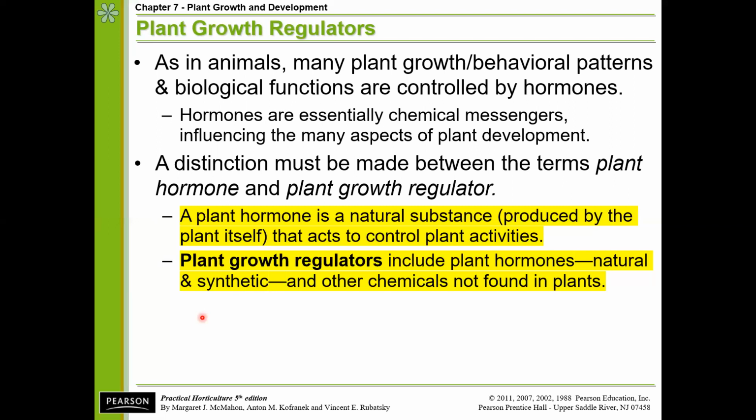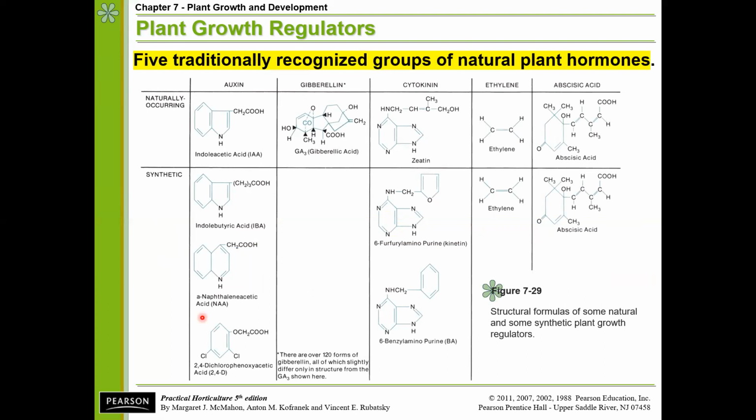We're actually using these hormones and also some other chemicals to get certain effects on the plant. So we got 5 groups of natural plant hormones: auxins, gibberellins, cytokinins, ethylene, and abscisic acid.